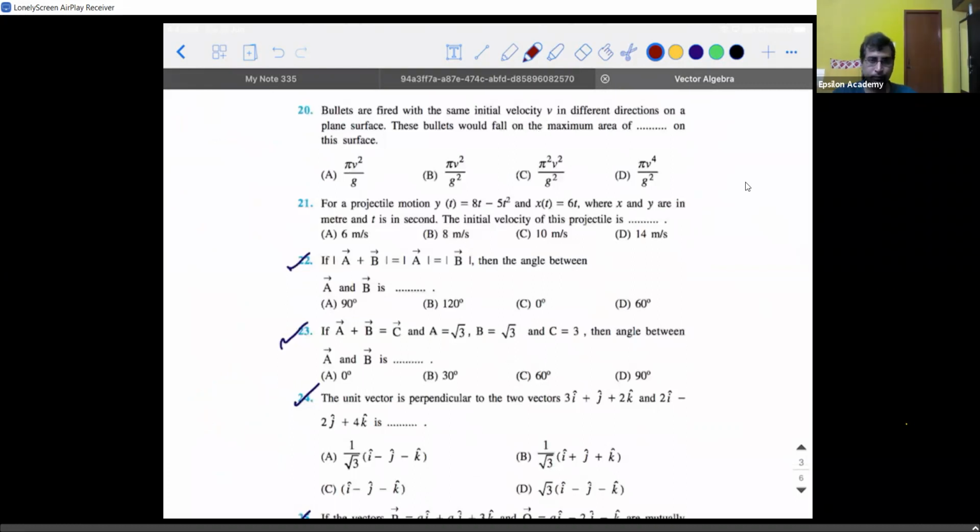So if the magnitude of A vector plus B vector is equal to the magnitude of A vector, which is also equal to the magnitude of B vector, then the angle between A and B is how much? Okay, let me solve this problem. You guys listen to this carefully, okay?